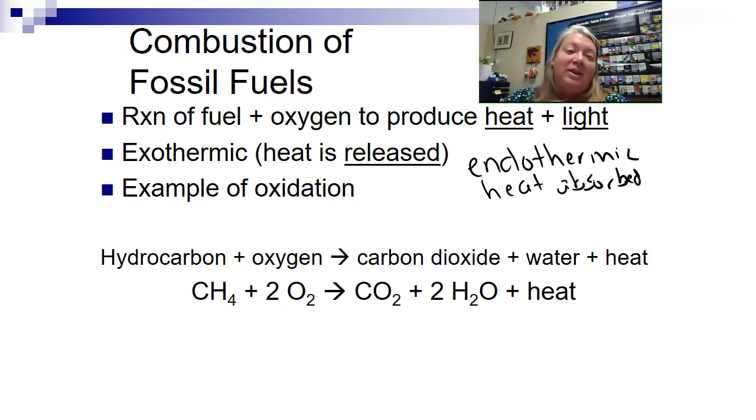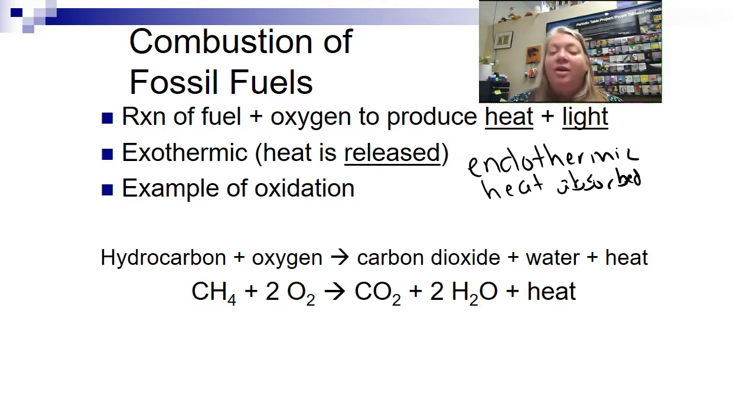It's absorbing energy from the surroundings, and that's why it feels like it's cold on your hands. Exothermic means that heat is released, so the temperature goes up. And this is an example of something we call oxidation. Oxidation means that there's a transfer of electrons, and you'll actually get to see oxidation reactions later on in an entire chapter.